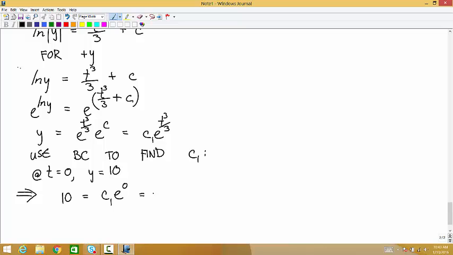And so 10 is equal to c1, and therefore the function that we want, y of t, is equal to 10 e to the t cubed over 3.